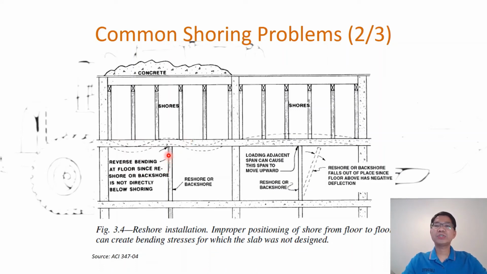And if we reshore at some place that is not directly below the shoring, you can see here, the way that creates the load, and also the bending moment, and consequently the deflection on the slab are not as intended. As you can see in this case, it creates additional support there, but then it will deflect in another place.